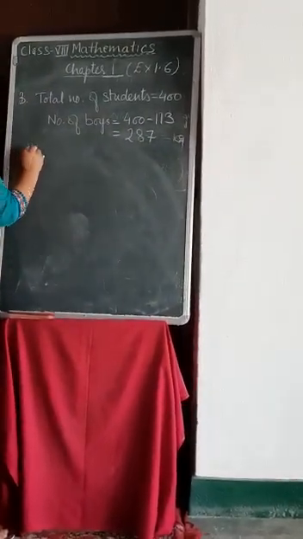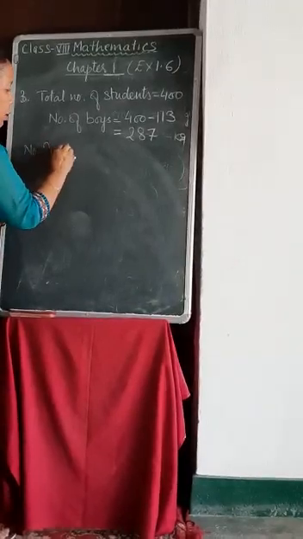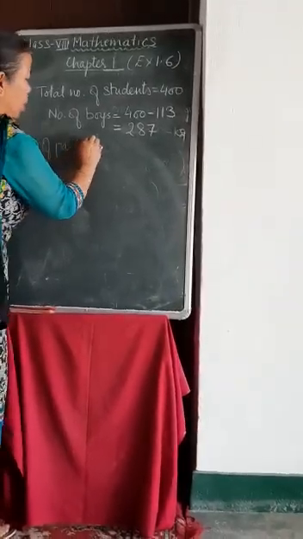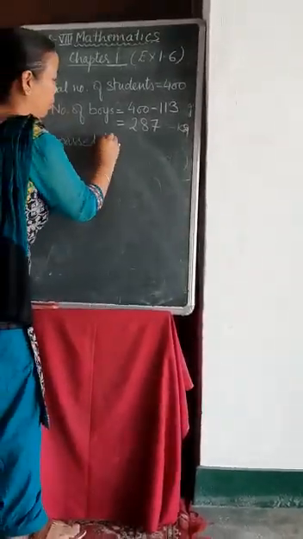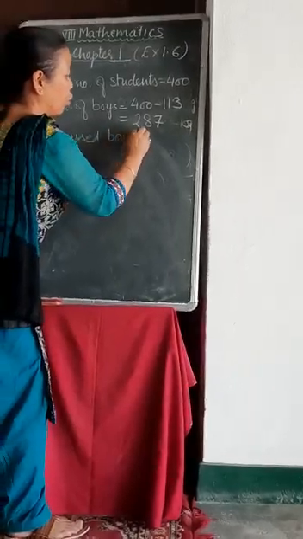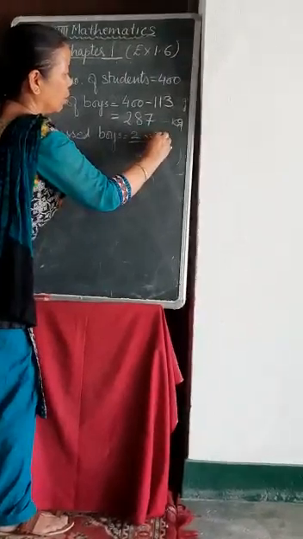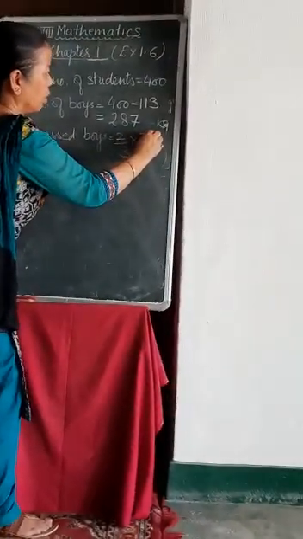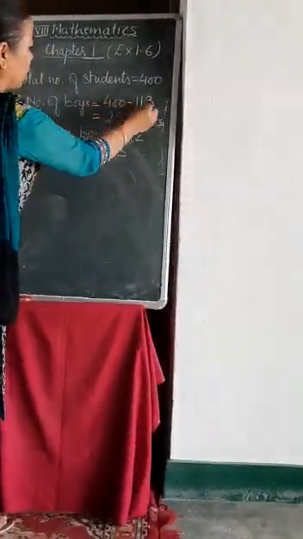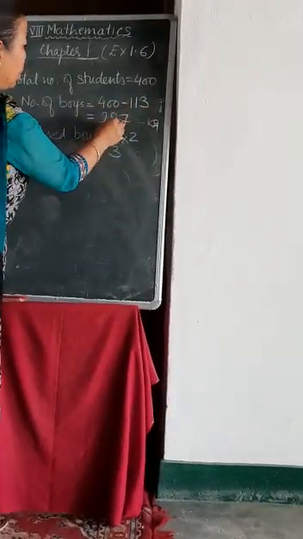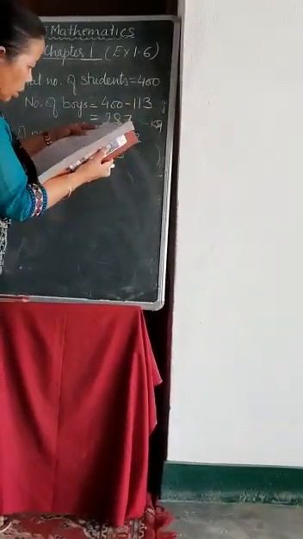So number of passed boys is equal to 2 upon 3 multiplied by 270.